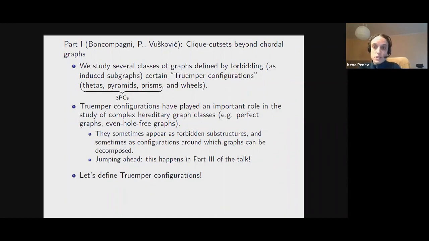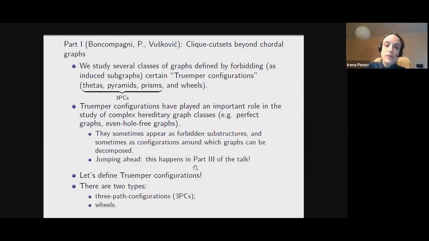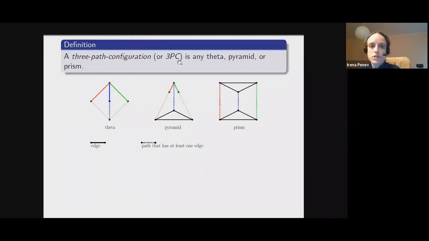Okay, now let me actually tell you what Truemper configurations are. I already said that we have 2 types: the 3-path configurations, or 3PCs for short, and then wheels. So let's first look at the 3-path configurations. Those are thetas, pyramids, and prisms. Here, the full line represents just an edge, and the dotted line represents a path that has at least one edge.